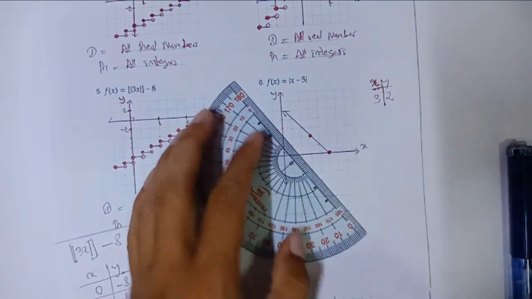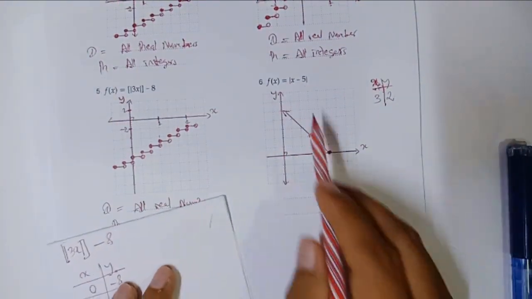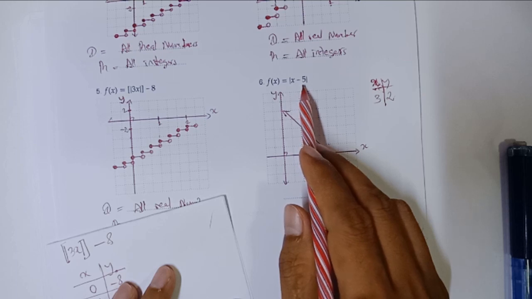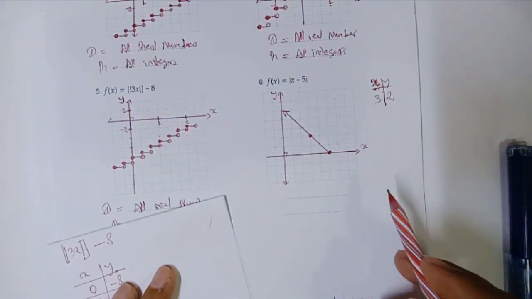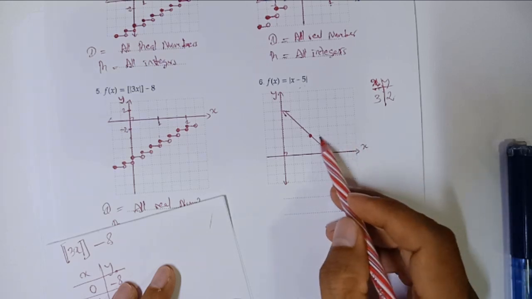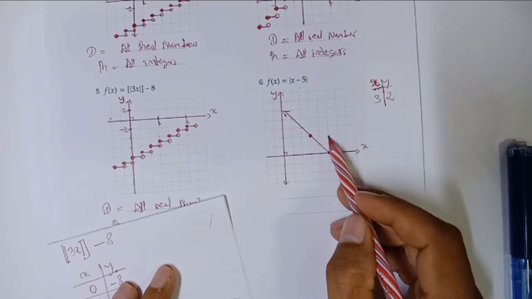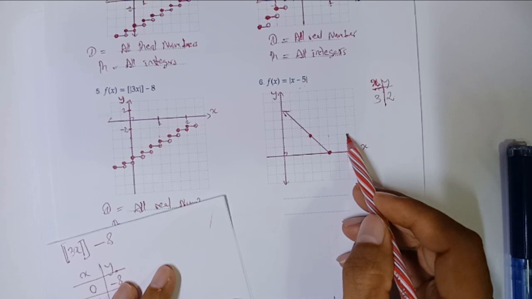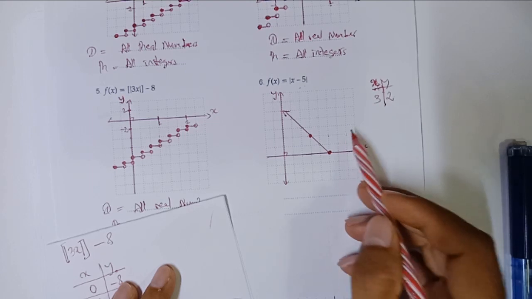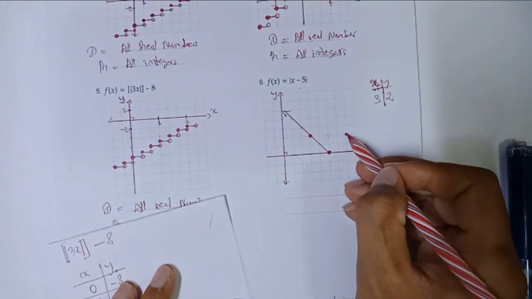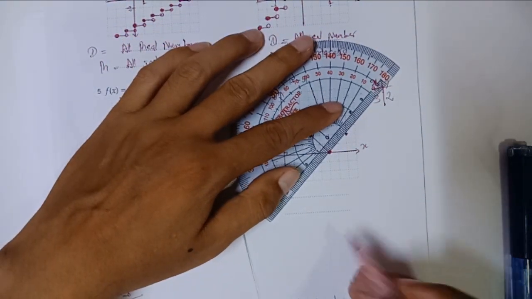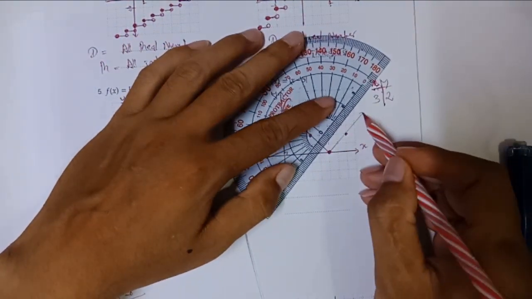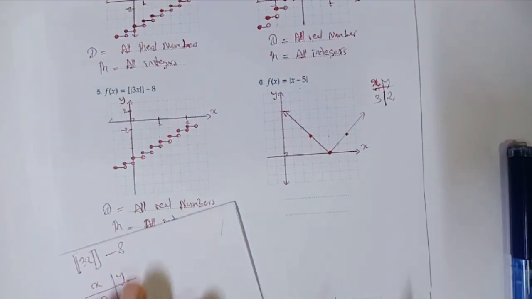Alright. Now since this absolute value function is a perfect V, you do not need to find another point. All you need to do is just count the grid so that it will make a perfect V shape. So another point going to be here. Now here it is, a perfect V shape.